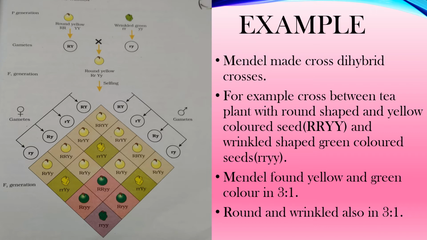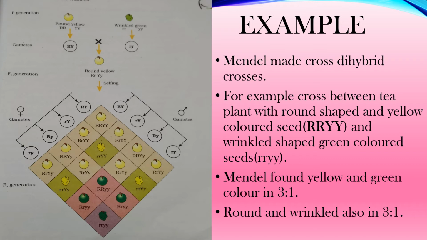Here you can see it is shown with the help of colors as well in the Punnett square. It is easy to show all kinds of possibilities through the Punnett square. Mendel found that yellow and green colors were obtained in the ratio 3:1. In the same way, round and wrinkled were also in 3:1.